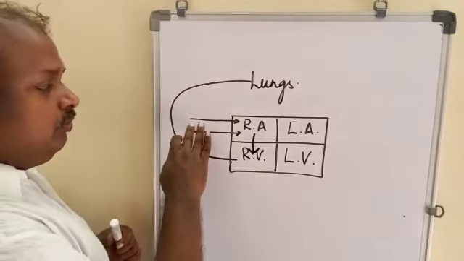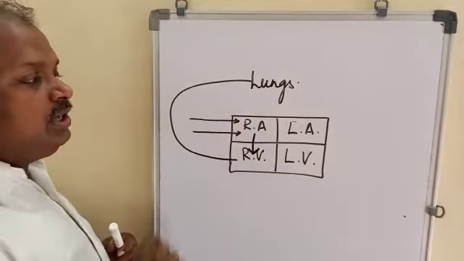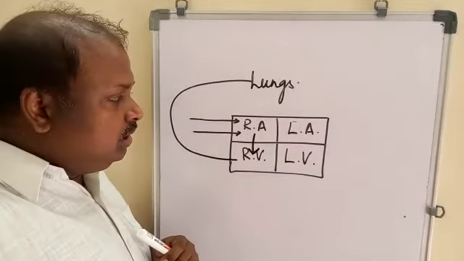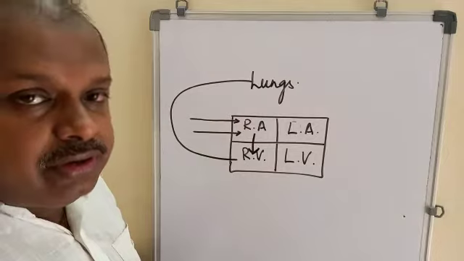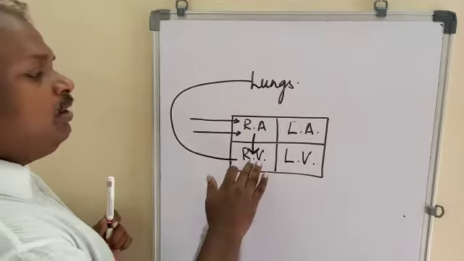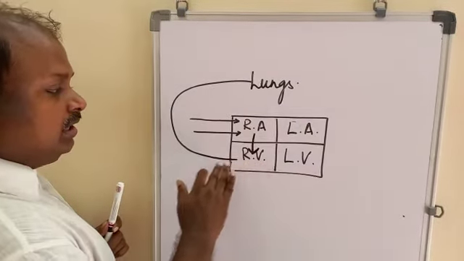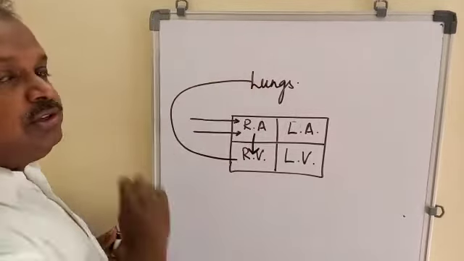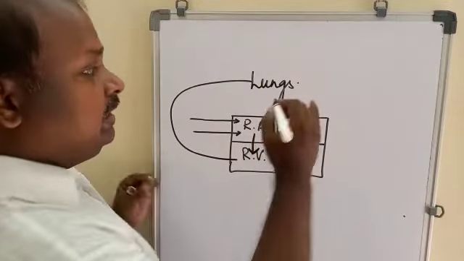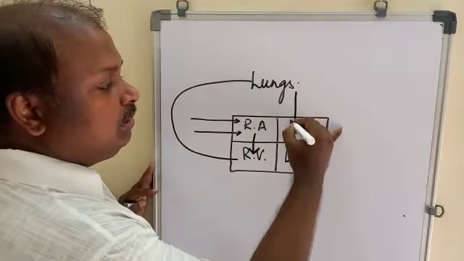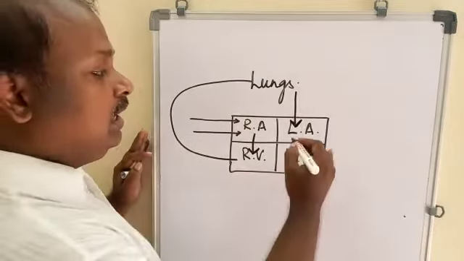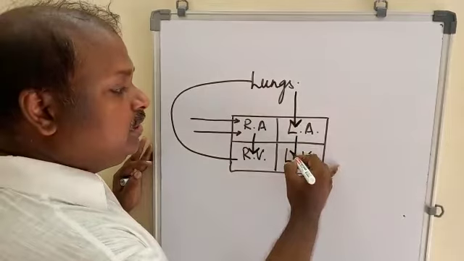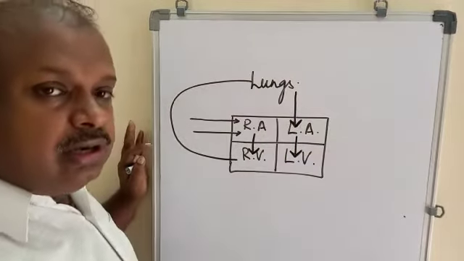From the body parts, deoxygenated blood reaches the right auricle. From the right auricle, the blood goes to the right ventricle. Then from the right ventricle, the deoxygenated blood reaches the lungs. Then from the lungs, the oxygenated blood reaches the left auricle. From the left auricle, the blood reaches the left ventricle.